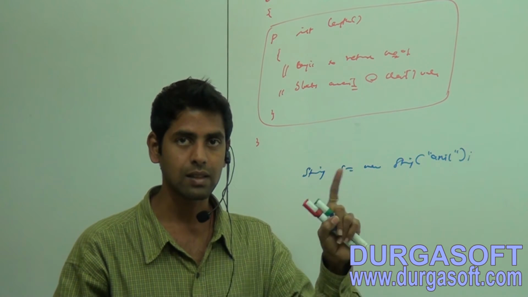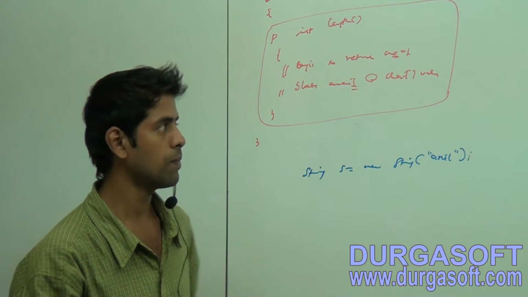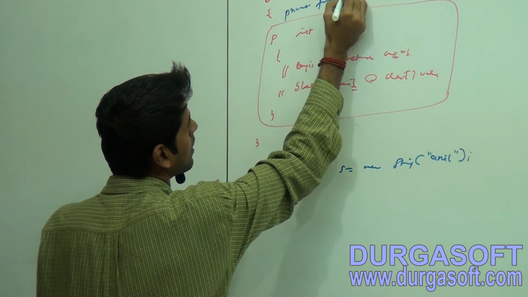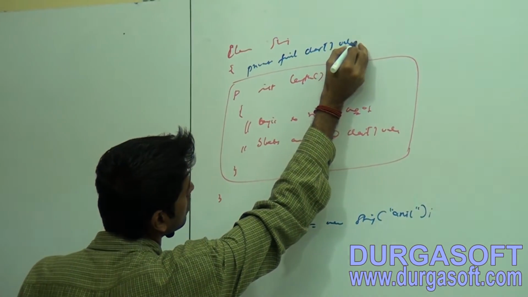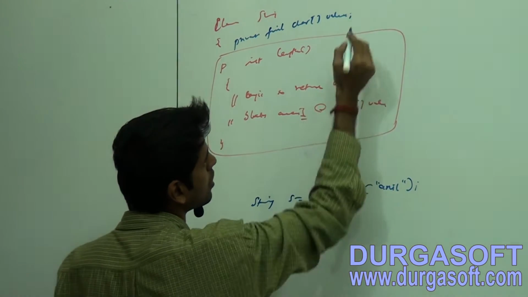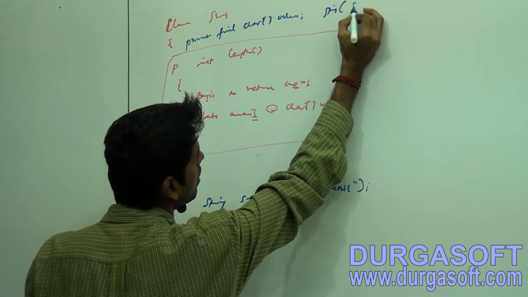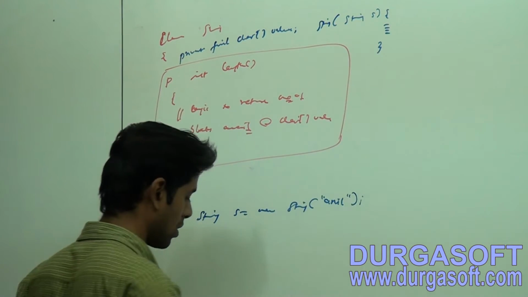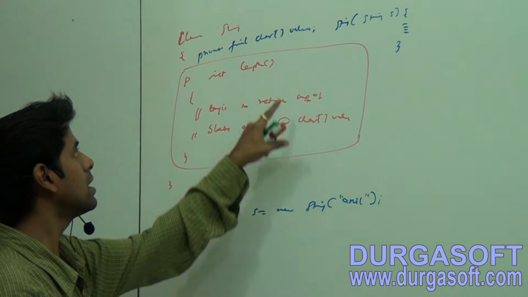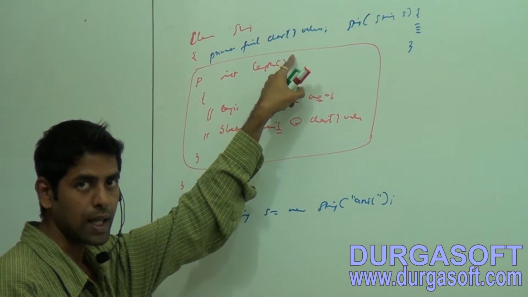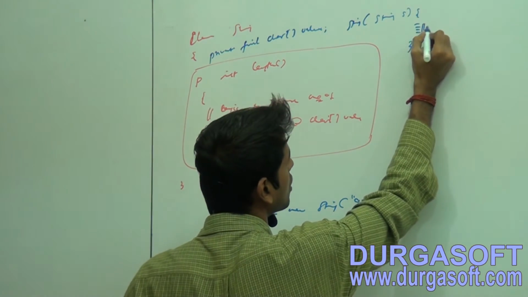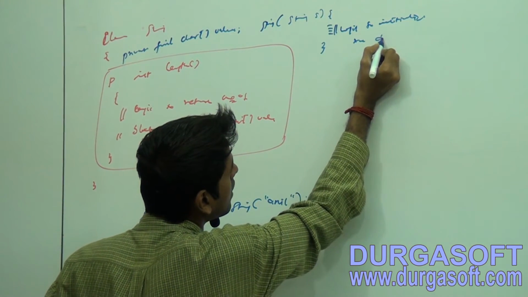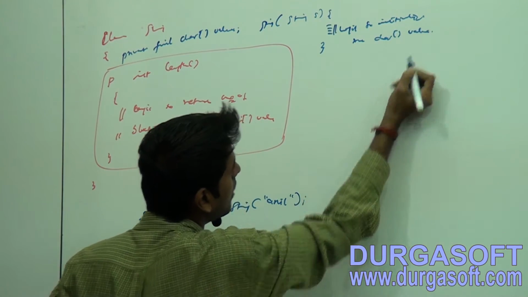You cannot access that from outside the package. So: private final char array value. Now we have one constructor with a String argument. Within this constructor, you have some logic to initialize the char array, which is referred by value.